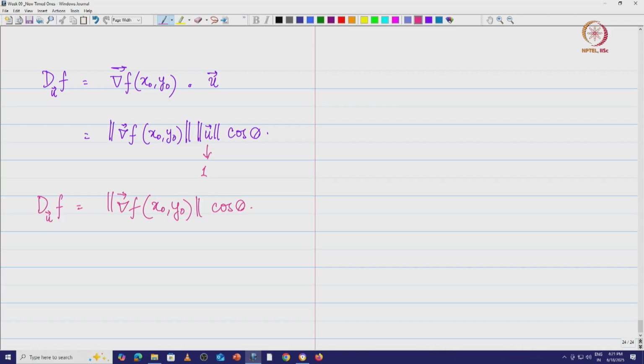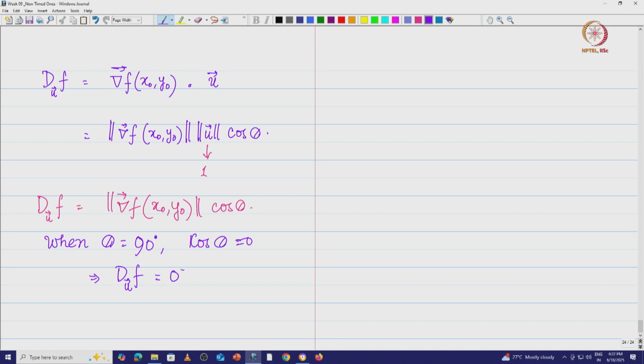Okay. Now what does this mean? When theta is equal to 90 degrees, cos theta is 0, which implies df in the direction of u is going to be 0, that we all know.